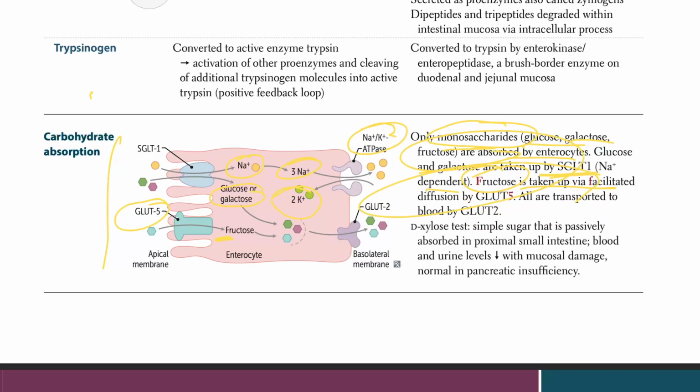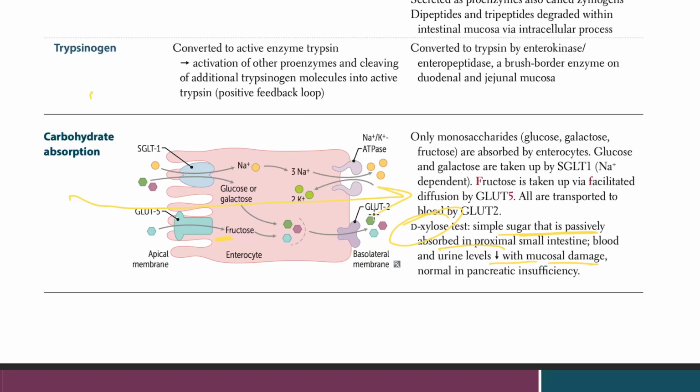So the clinical thing here is the D-xylose test, which is a simple sugar that is passively absorbed in the proximal small intestine. Blood and urine level decreases with mucosal damage. So it says it passively goes through.